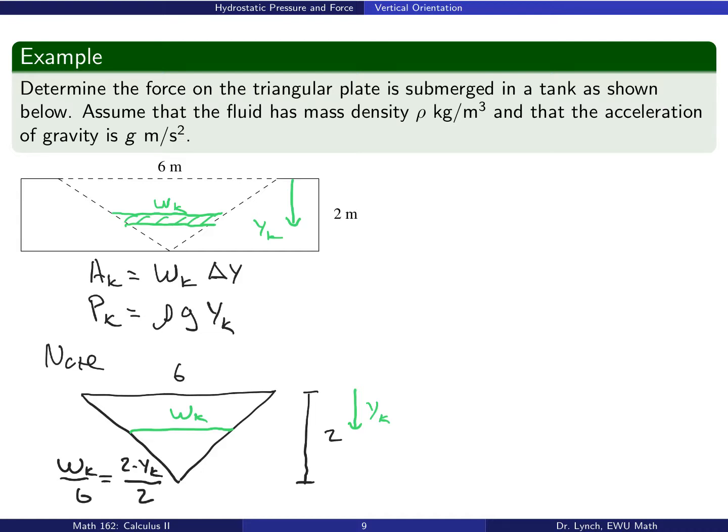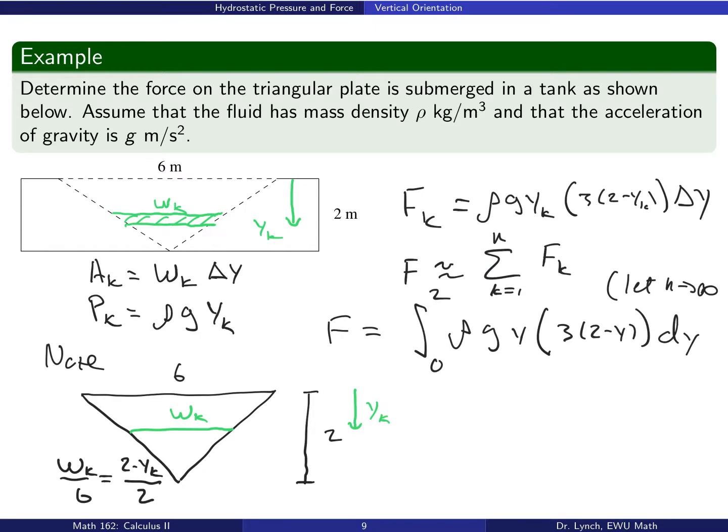So here we see that W sub k over 6 is (2 minus y sub k) over 2, which gives us that W sub k is 3 times the quantity 2 minus y sub k. So here's our force: rho g y sub k times the quantity 3 times (2 minus y sub k), which comes from the width of the slice at depth y sub k, times delta y.